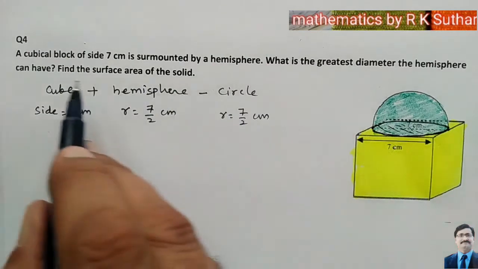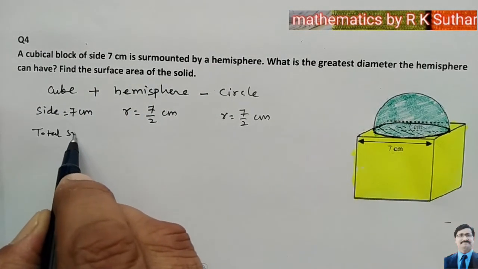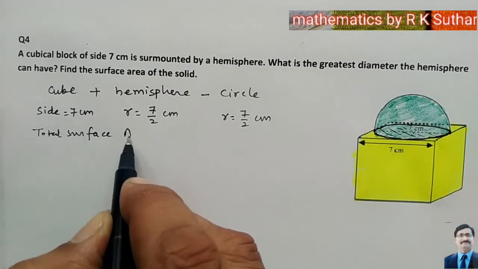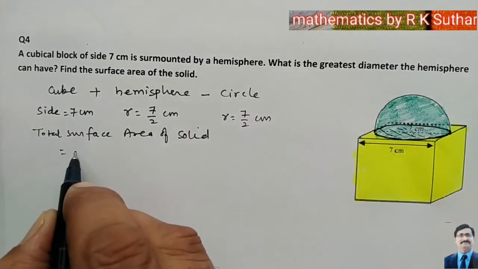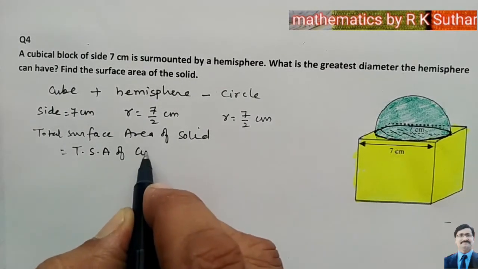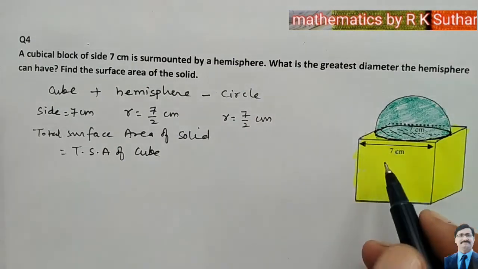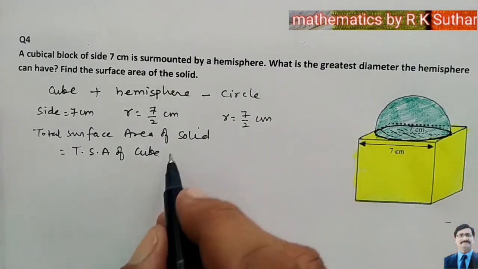So look here, we have to find the total surface area of the solid. This is equal to the total surface area of the cube. Total means all four side faces and the top are also included here.